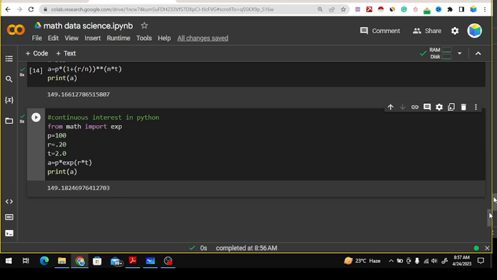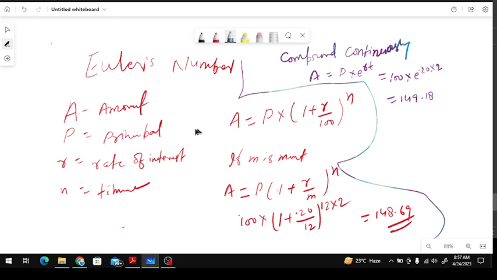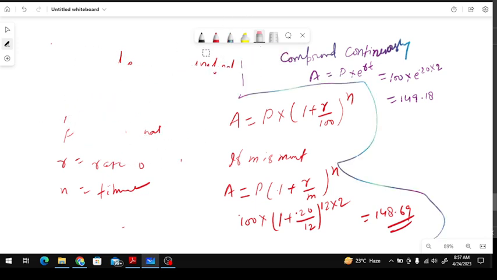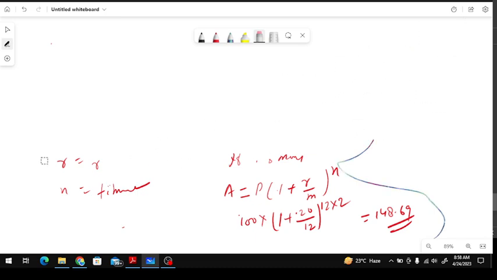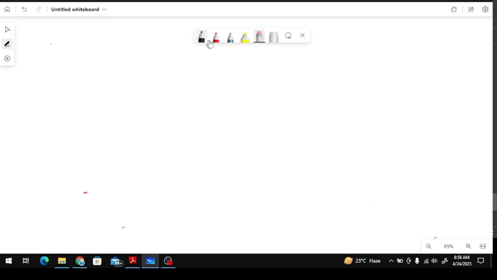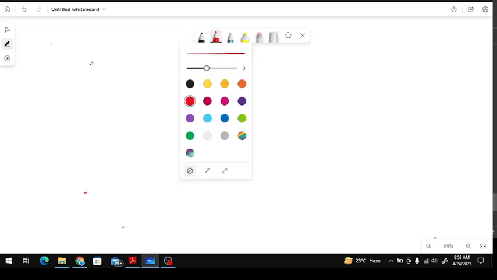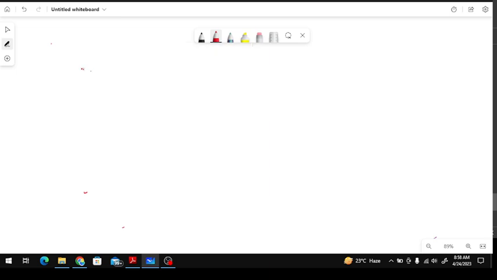Next we try to discuss the natural logarithm. So what is the natural logarithm?